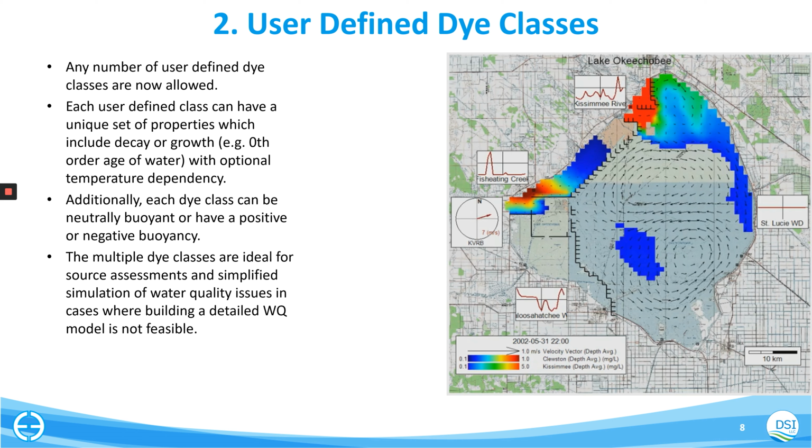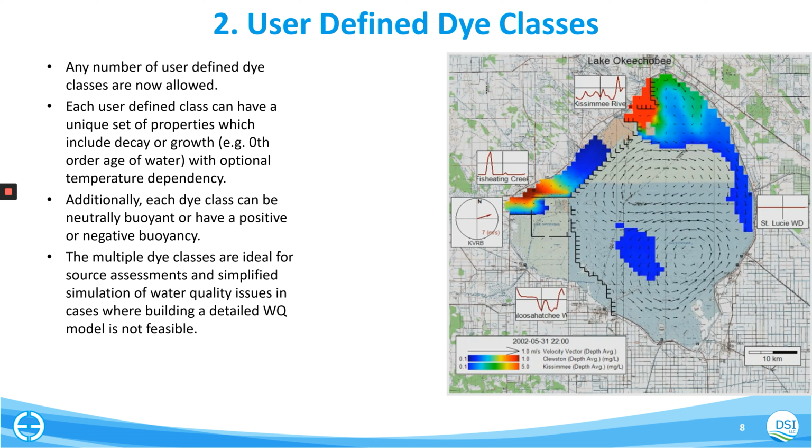Now, it's a little tricky when you're visualizing a two-dimensional view, you can only see one layer at a time, unless it's a vector, an overlay layer. So like the velocities, that's a separate layer, and then the dye is a separate layer. But notice there's two dye classes here.